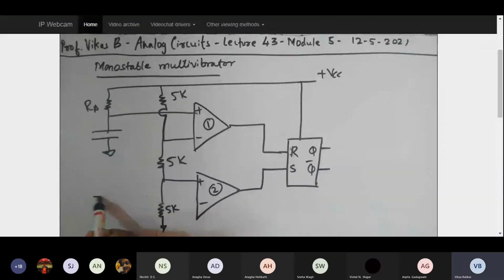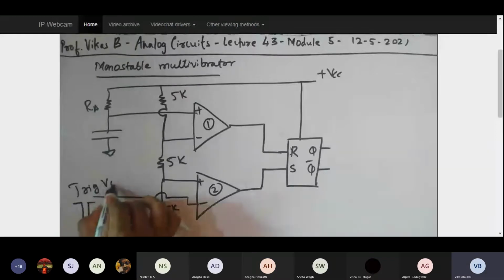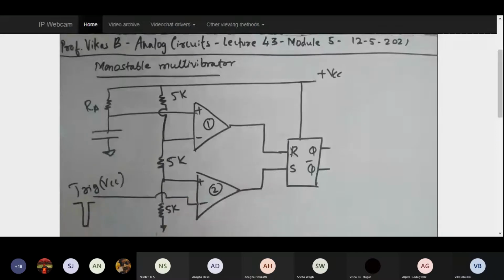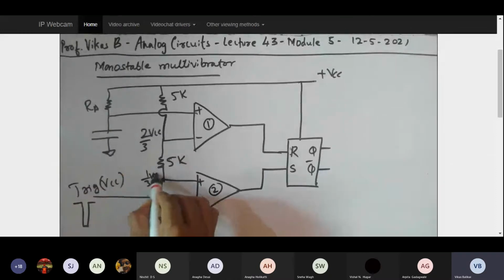And I have a signal called trigger, a small pulse, which initially will have a value of VCC, that is a logic 1. Here I am writing 2 by 3 VCC, and at this point I am getting 1 by 3 VCC.